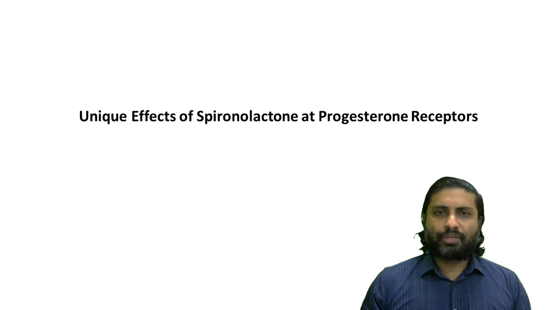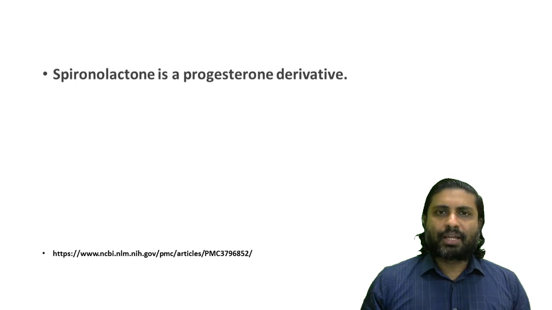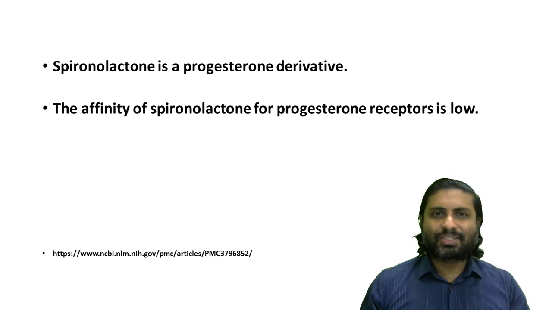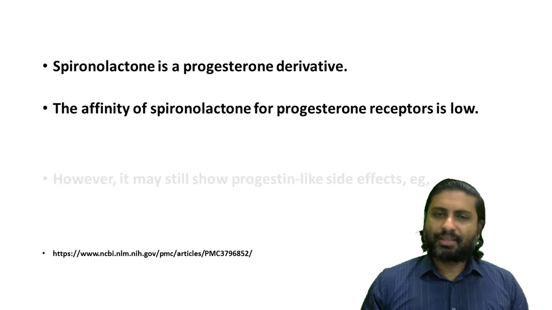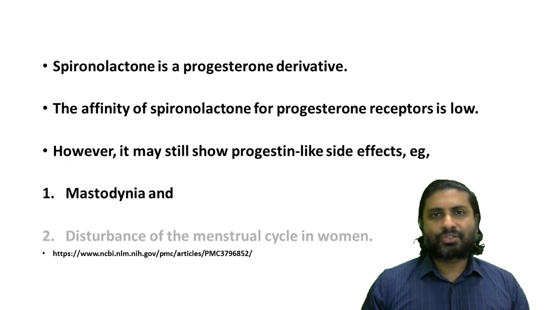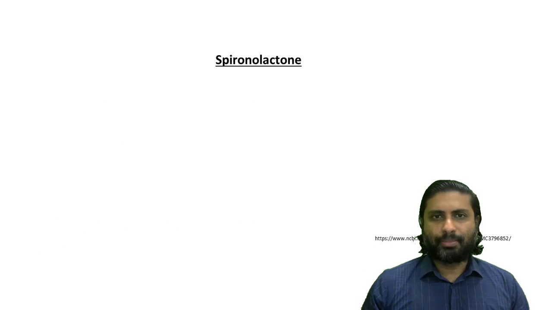Now we come to the unique effect of spironolactone at the progesterone receptors. Now, chemically, spironolactone is a progesterone derivative and therefore it does retain some of the effects of progesterone. And this explains why spironolactone can cause adverse effects like mastodynia and disturbances in the menstrual cycle in some females.